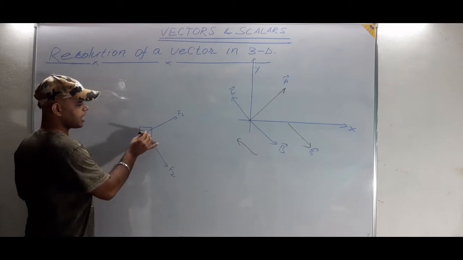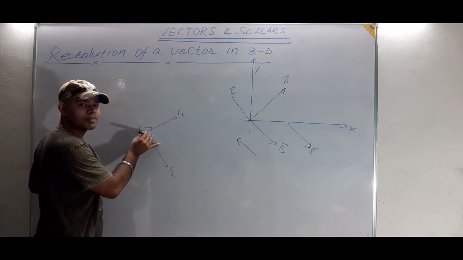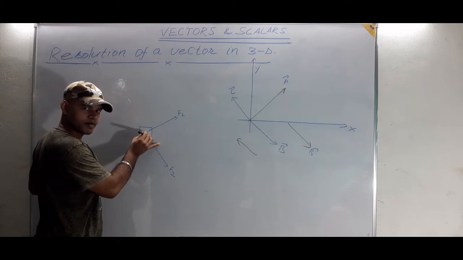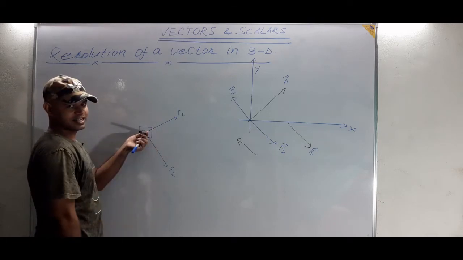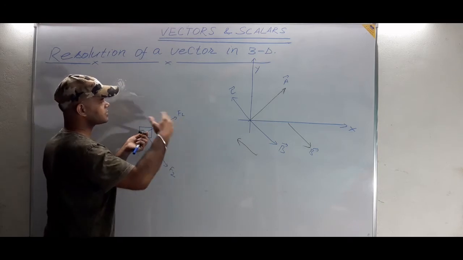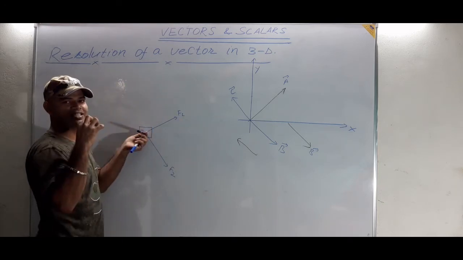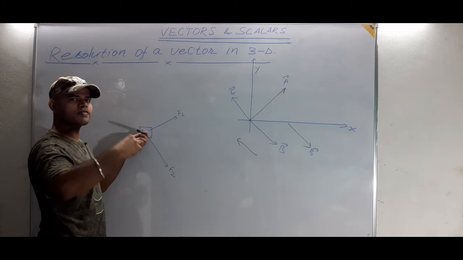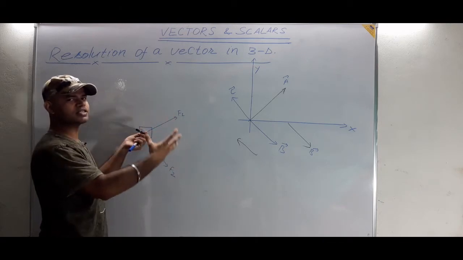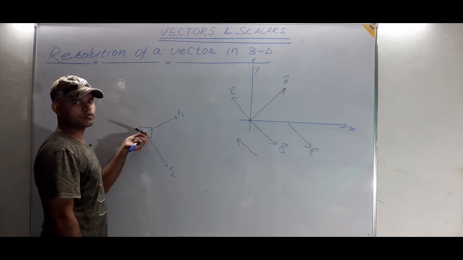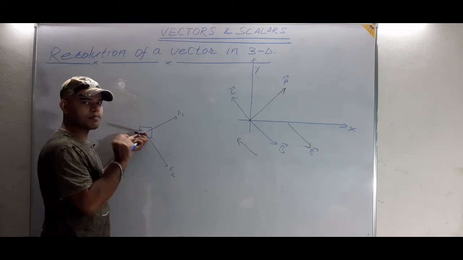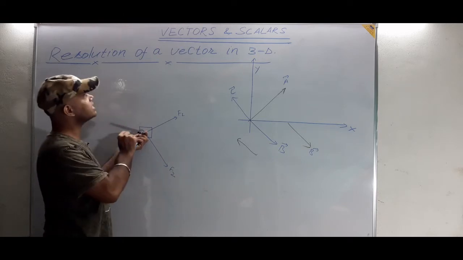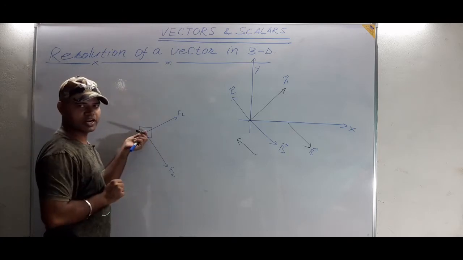We take a line perpendicular to the plane of the board, and we give it a name, z-axis. So now we have x-axis, y-axis and z-axis. Now we can resolve any vectors irrespective of their orientation and magnitude. I'll just show how, but this will make it possible. That's why we need resolution of a vector in 3 dimensions.